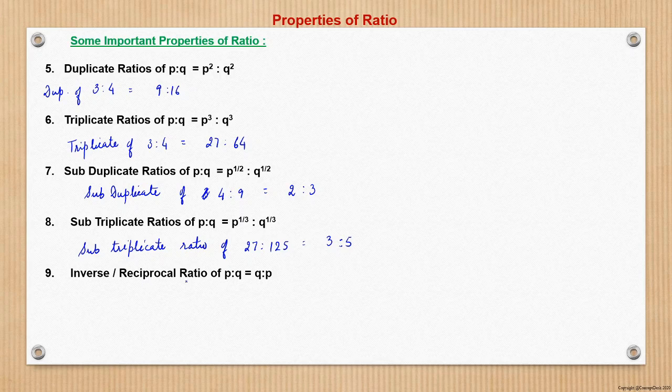Then the inverse or reciprocal ratio of P is to Q is Q is to P. So when it is a 2 is to 3 ratio, the inverse is given by 3 is to 2. Some very basic fundamental things, but we need to keep this in mind because there may be some direct questions based on this.